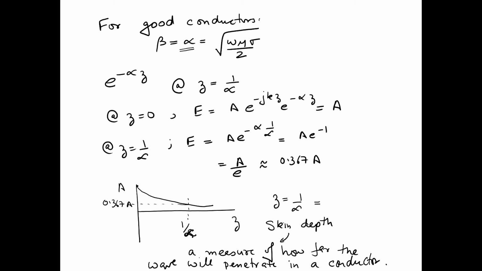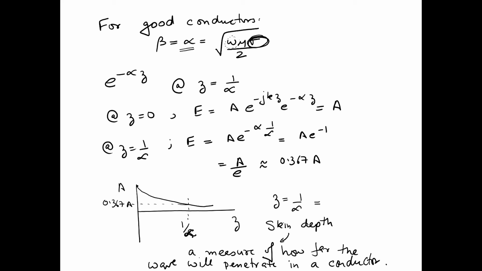Your alpha depends upon your conductivity. Larger the conductivity, larger the alpha. The alpha also depends upon the frequency. The larger the frequency you apply, the less the wave would travel inside the conductor.